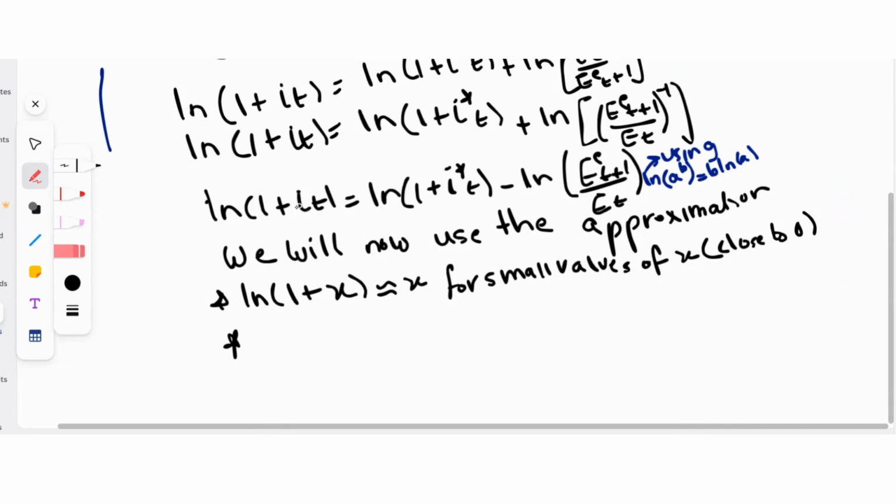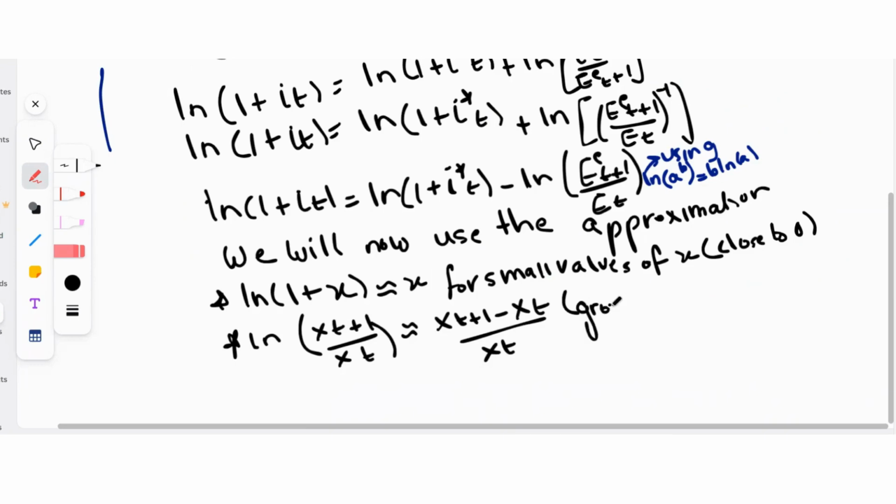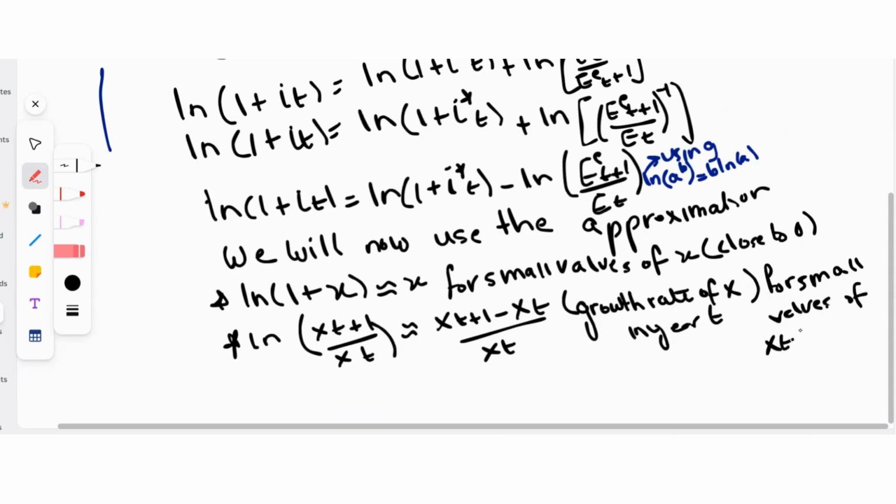These are in the form ln(1 + x), here x is i_t, here x is i*_t. So now we're going to use another approximation for the third term that's left, where we use the fact that ln(x_{t+1}/x_t) is approximately (x_{t+1} - x_t)/x_t. So ln(x_{t+1}/x_t) is approximately the growth rate of x in year t, and this is for small values of the growth rate.